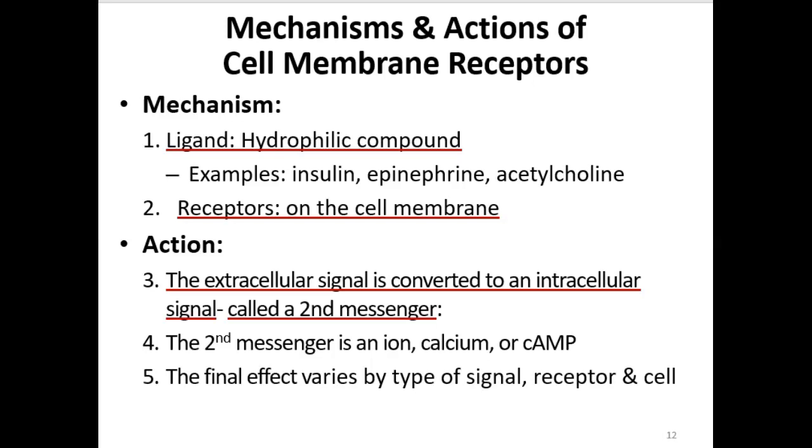This intracellular signal is called a second messenger. The most common second messengers are ions such as sodium, calcium, or cyclic AMP. What happens next varies a lot by cell type, and in the next few slides I'll examine how second messengers are generated.